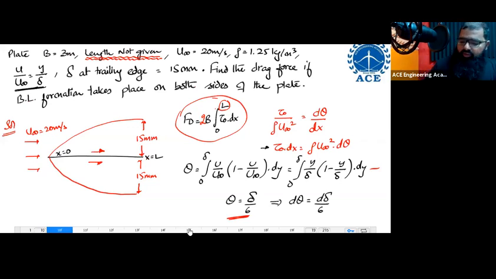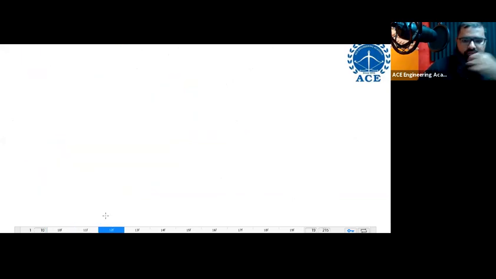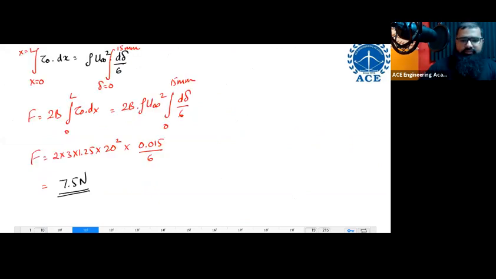Please understand when to use this particular technique: whenever length is not given. You will see all this in the previous GATE questions. If you go through previous GATE, you will see these things. I'm moving further now. The next topic I'm taking down is known as energy thickness. We did not take L is equal to 15 mm.